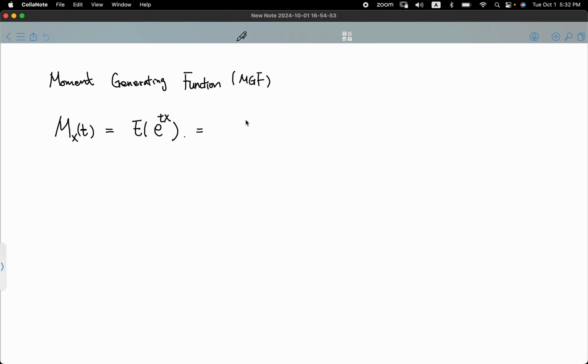So again, for the discrete case, using the definition for the expectation, you need to sum over all possible x in the support of the function e raised to the power of tx, and then multiply by the probability mass function. So this is for the discrete case. And what we are doing here is just using our formula for the expectation that we introduced last lecture.